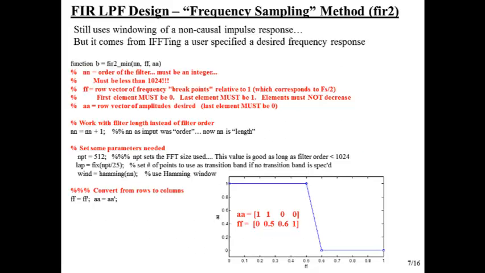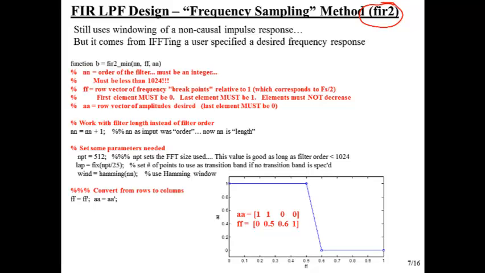Now, there's a second method that Matlab has available. Matlab has several methods. We're only going to look at 3 of them. So this second method is called, not surprisingly, FIR2. Now this still uses windowing, but it allows the user to specify the shape of the frequency response.